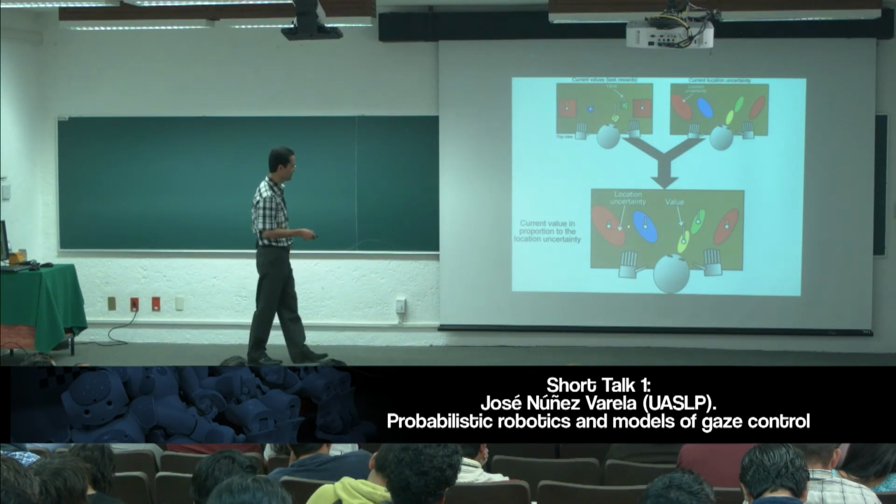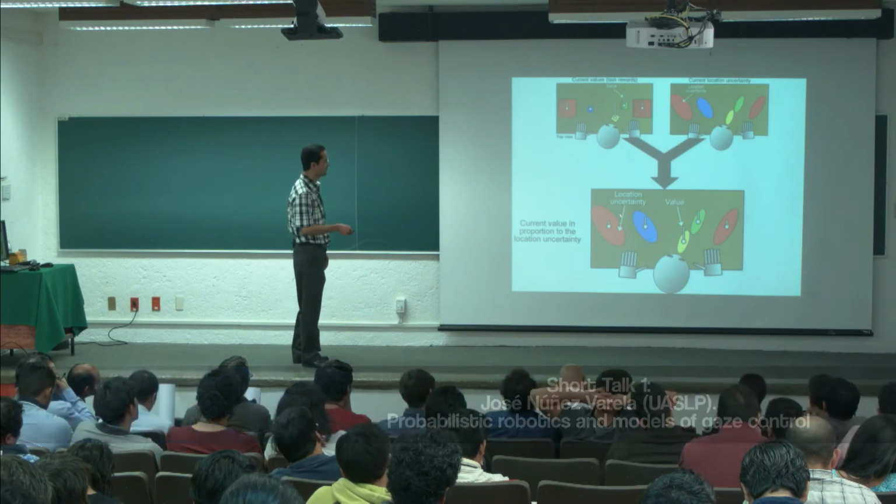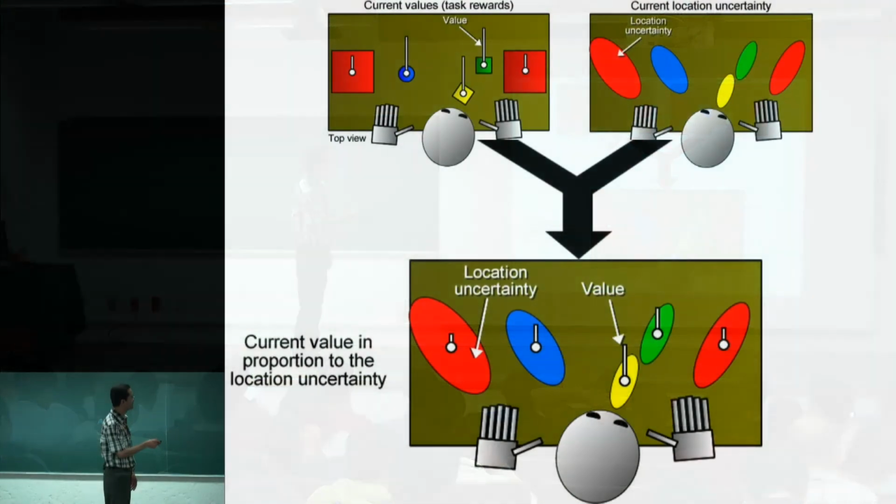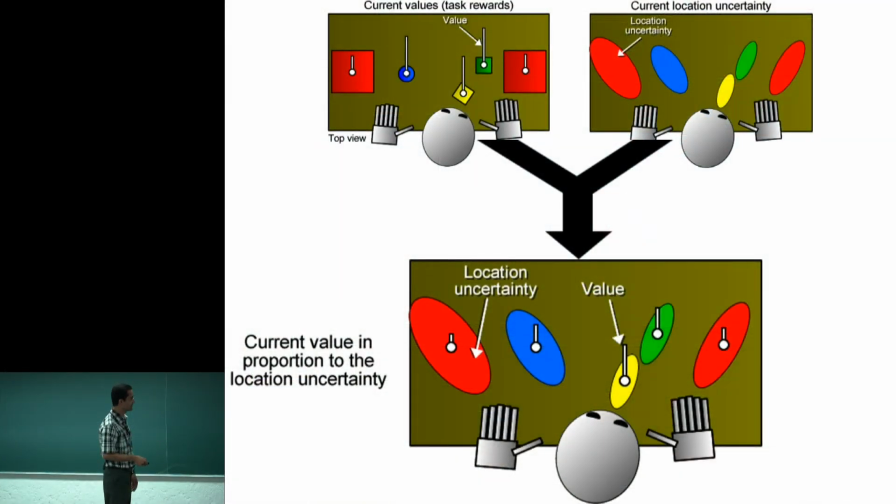So as you can see, if you have a very large uncertainty here, the value decreases, right? If we have a very small uncertainty, the value decreases a little bit, not so much. So in this case, this is the best guess that I have about this object, okay? So that's the current value.